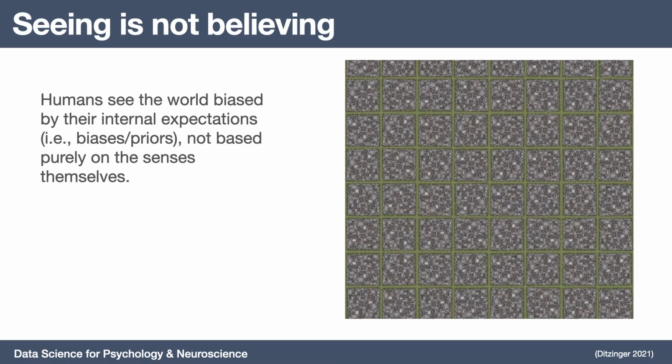So for example, take a look at this grid on the right. To your eyes, you might see that some lines are curved and some are straight. But look carefully. There are no curved lines. This is a visual illusion.